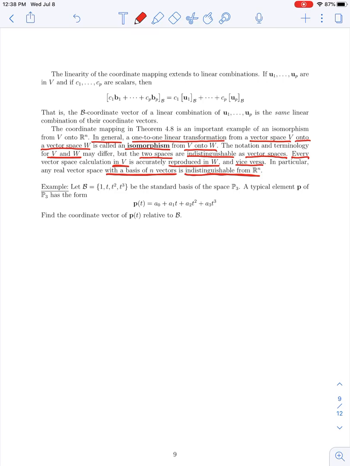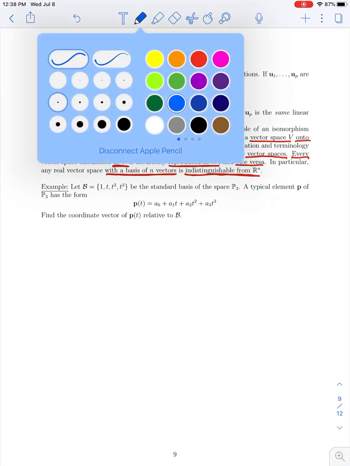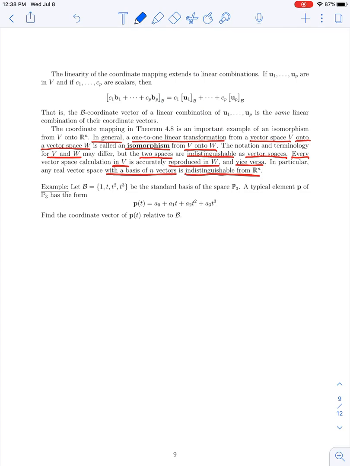So as an example of this, let's consider the following problem. Suppose that we're working with the space of polynomials, and we take B as the set of polynomials 1, t, t squared, and t cubed, which is the standard basis for the space P3, that is, polynomials of degree 3 or less.